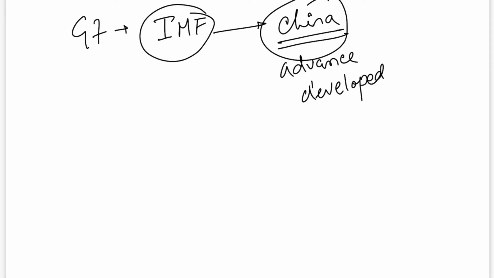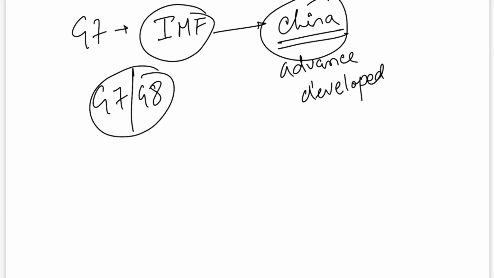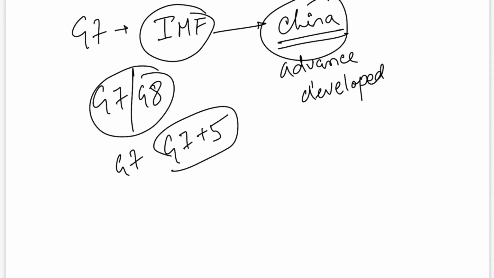So in the G7, or G8, China is not part of the talks anywhere, whether it be the G7 meeting or the G7 plus 5 meeting, because the International Monetary Fund does not consider it as such.